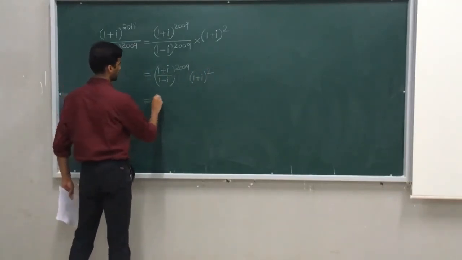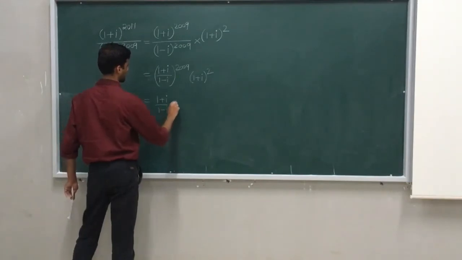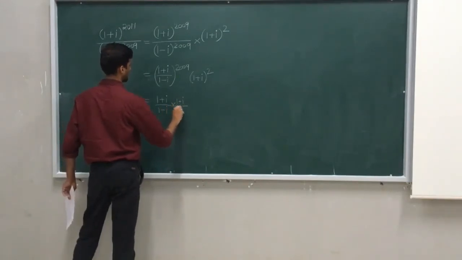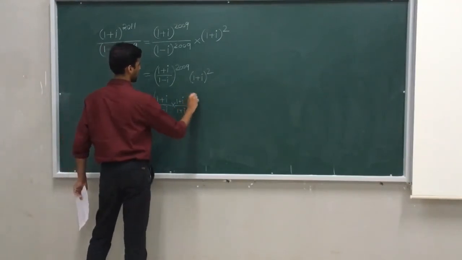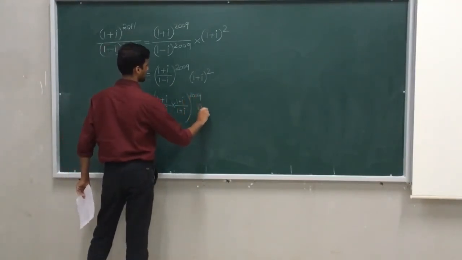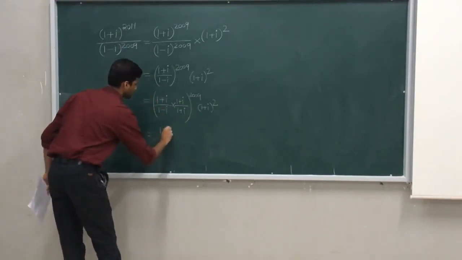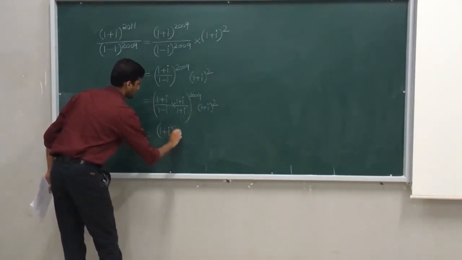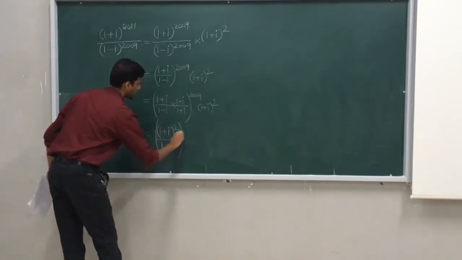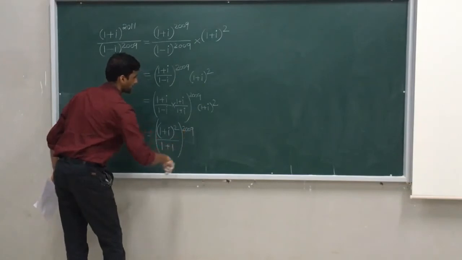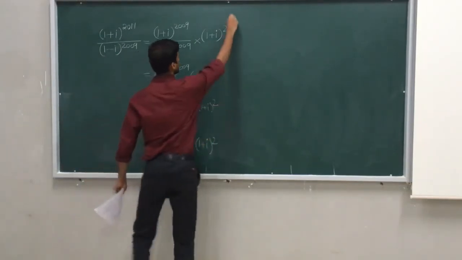So if I rationalize it, which is not in a standard form, 1 plus i to the power 2009 into 1 plus i the whole square.